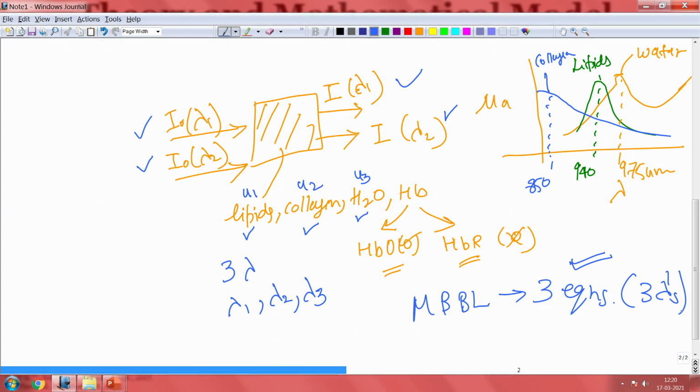So, I am now able to calculate the composition of lipid, collagen and oxygen, water. If I want to quantify 4 constituents, then I need to have 4 different optical wavelengths. In our lab, we did it with 2 optical wavelengths, for lipid and collagen only. So, we operated at 2 wavelengths.